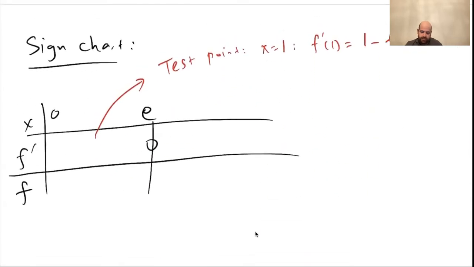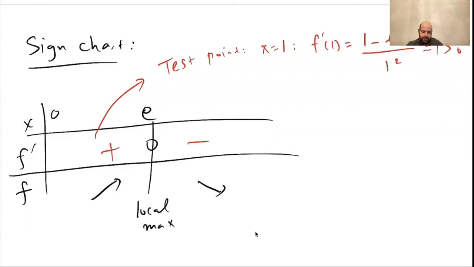So 1 minus ln 1 divided by 1 squared. ln 1 is 0. 1 minus 0 is 1, divided by 1 is 1, which is positive. So positive here, negative here. And here, therefore, f will be increasing and decreasing, so a local max here.